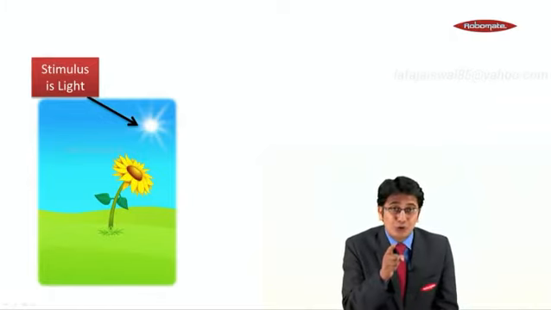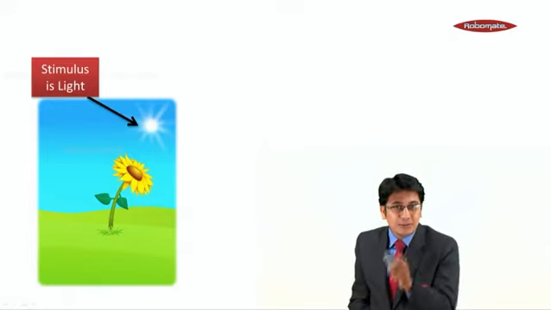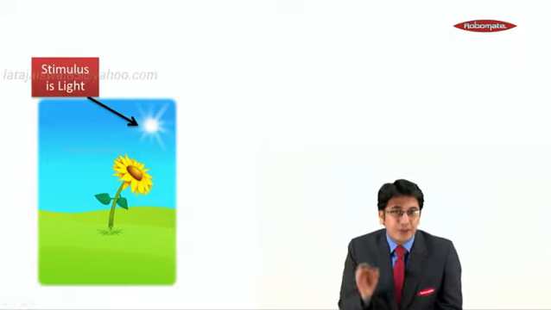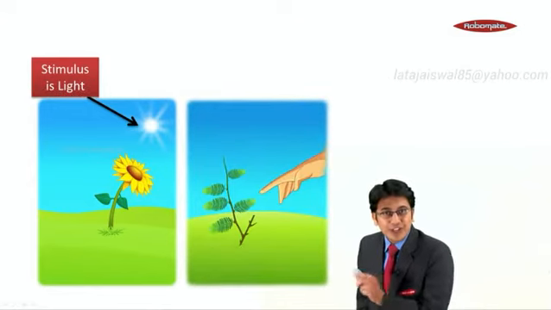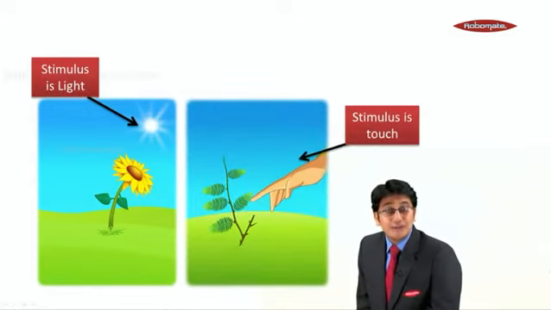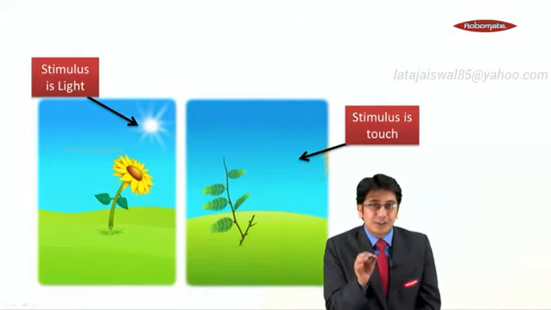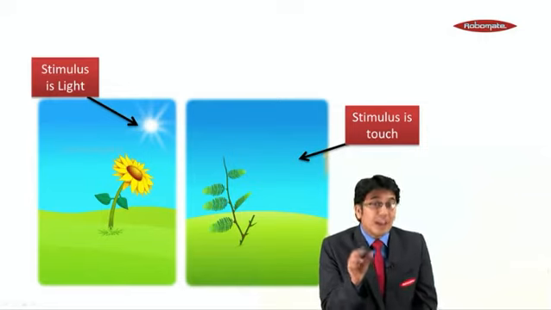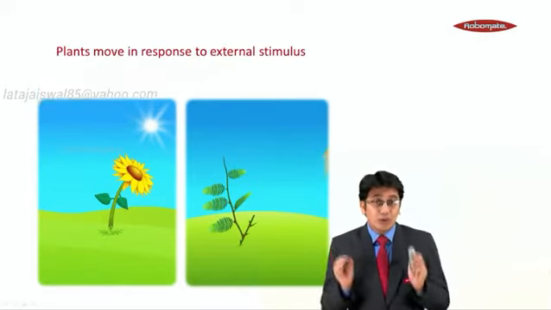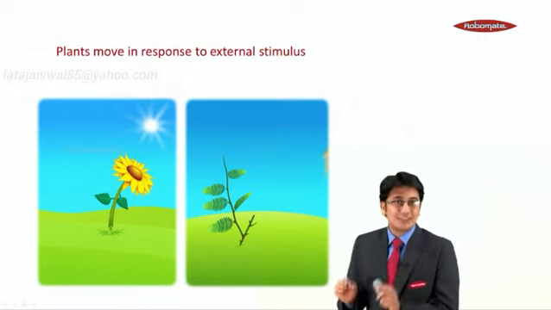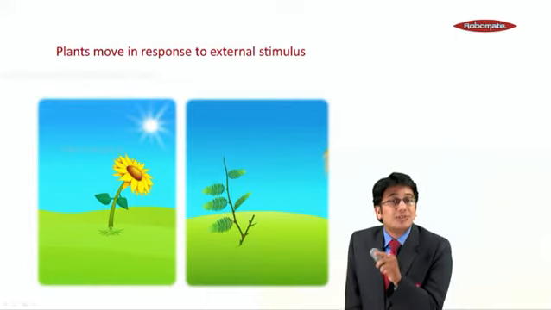And now I am going to show you a very beautiful example of another plant movement, a very famous, well-known plant. As soon as you touch this plant, the leaves close. So the stimulus here is touch, and the movement here is closing of leaflets.